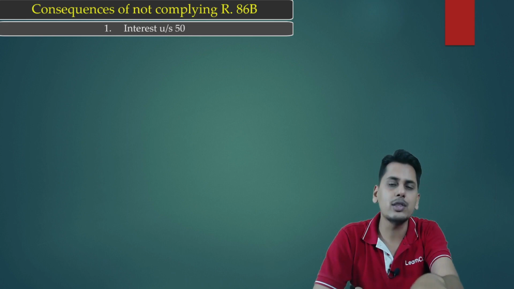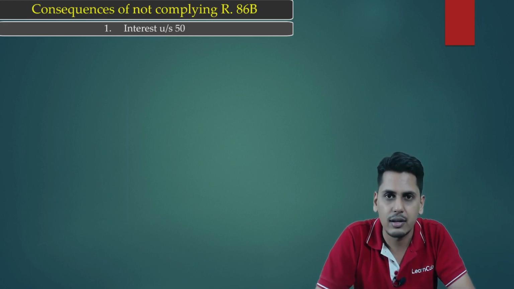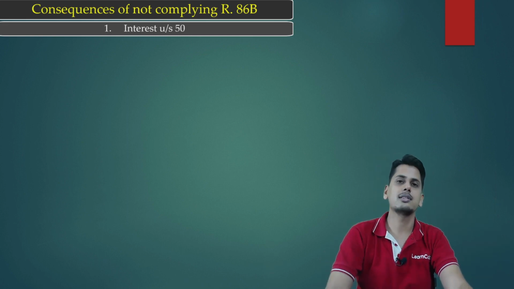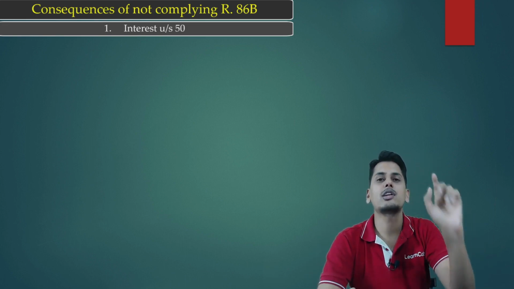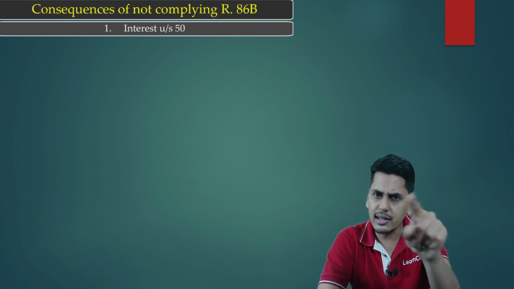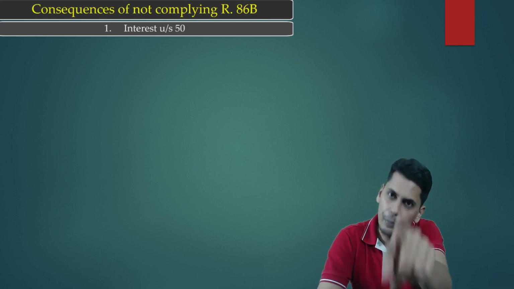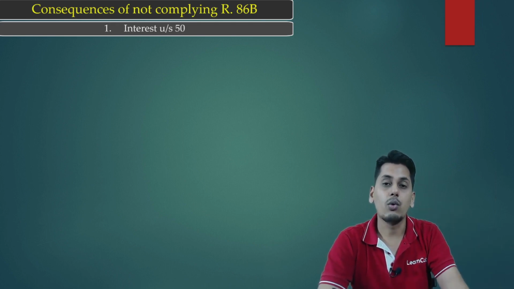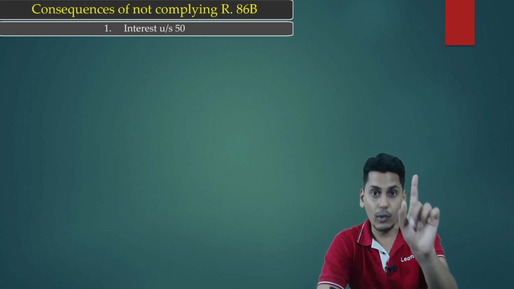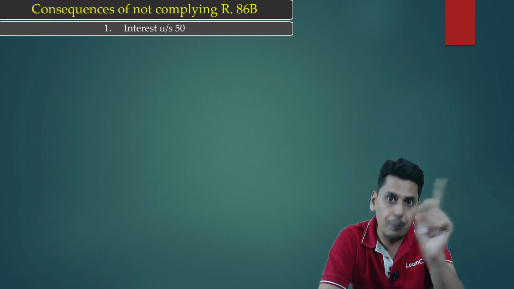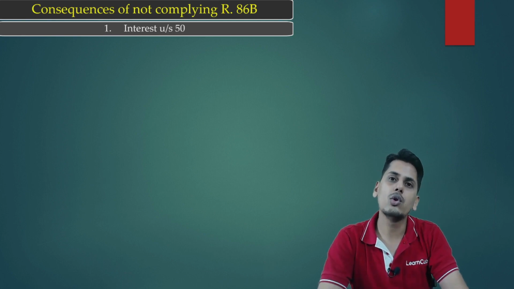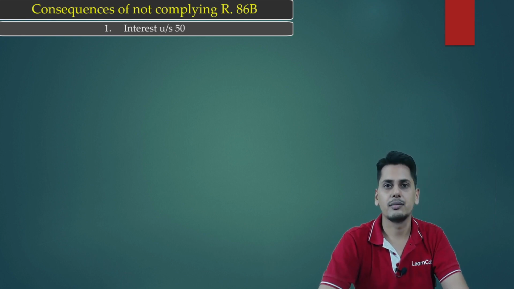What you wrongly paid through your credit ledger, go and apply for a refund. Are you following this? What you did not pay through your electronic cash ledger, you are paying in a delayed manner now, along with interest. That 1% which should not have been paid from your credit ledger, you go and apply for a refund of it.